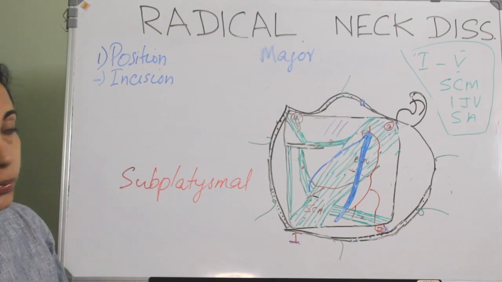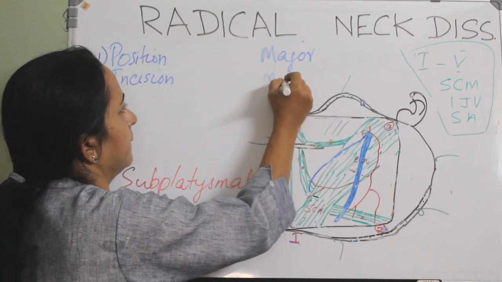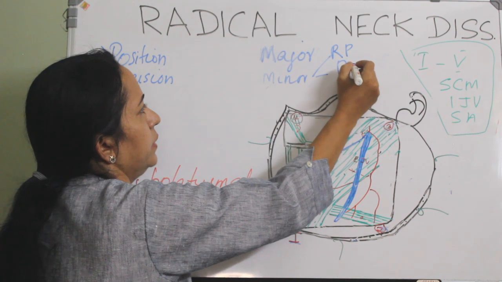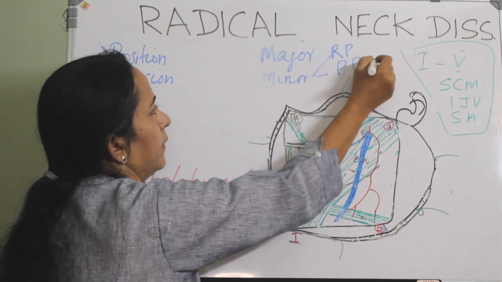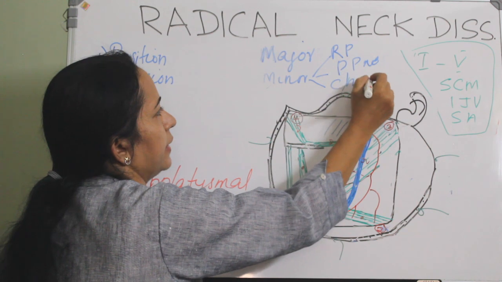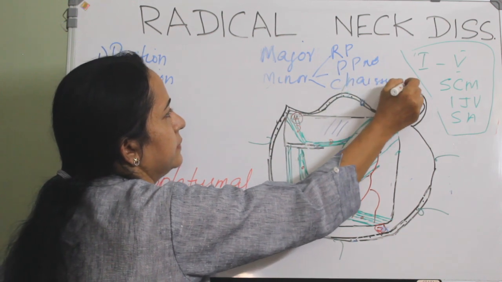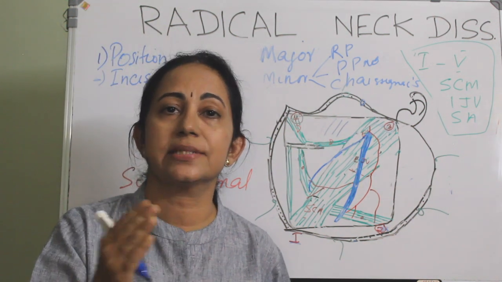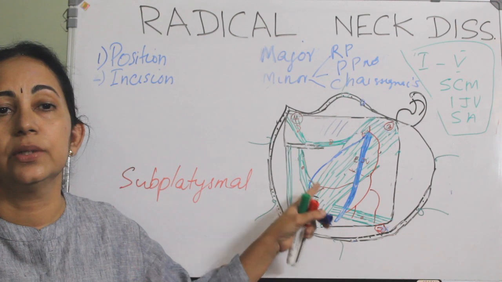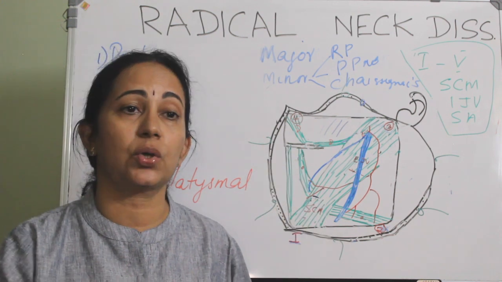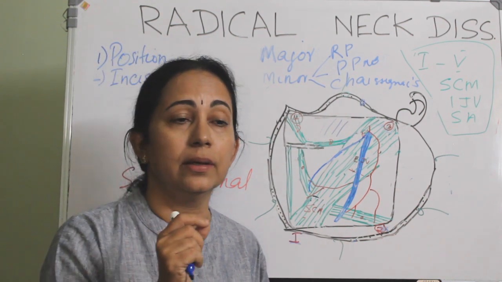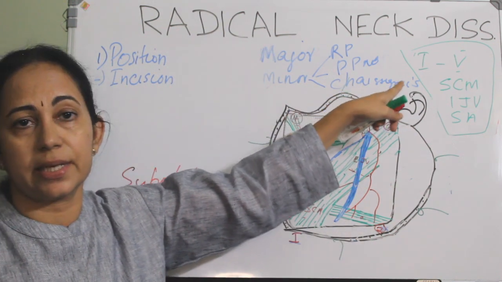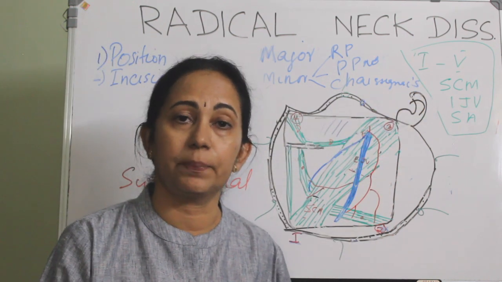And the minor corners of consternation are, one is the retropharyngeal node, then the parapharyngeal node, and third is the Chassaignac-Knight triangle. The triangle is between the longus colli and scalenus anterior attaching to the tubercle, that is the tubercle of C6, which is called the Chassaignac tubercle or the carotid tubercle, and the lower border of the triangle is formed by the subclavian artery.